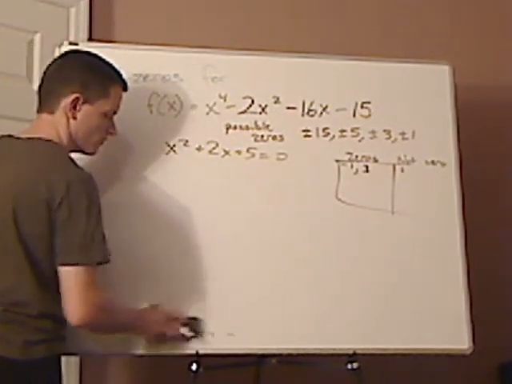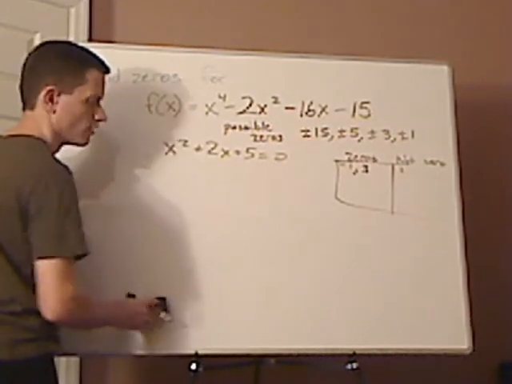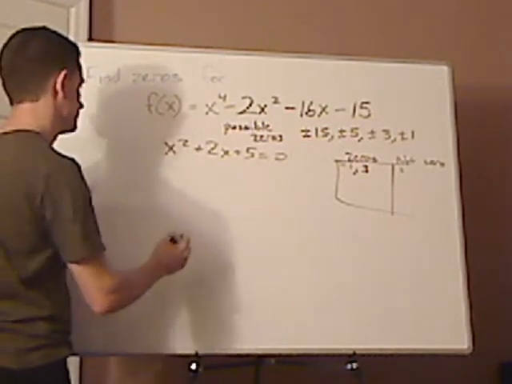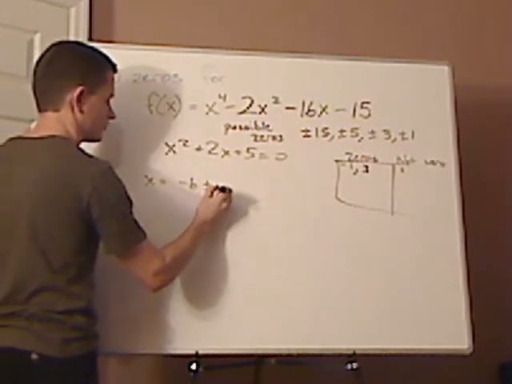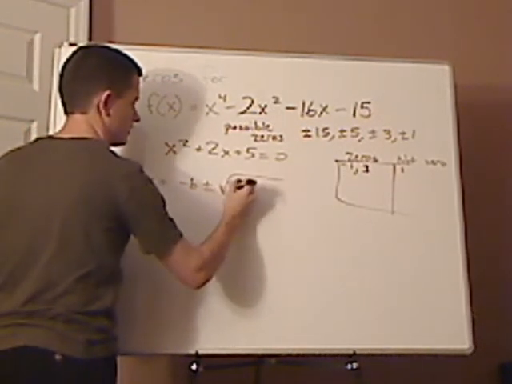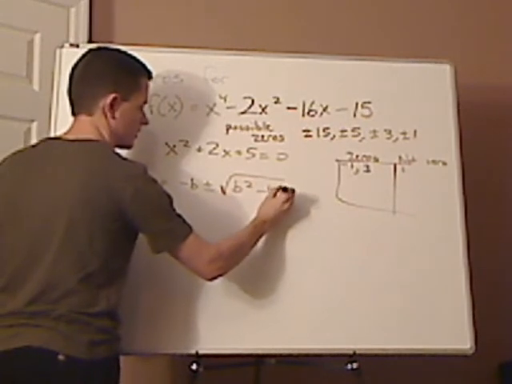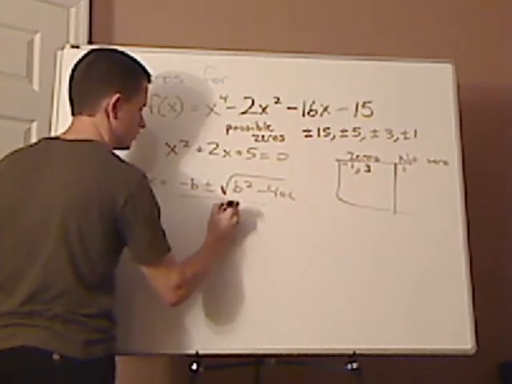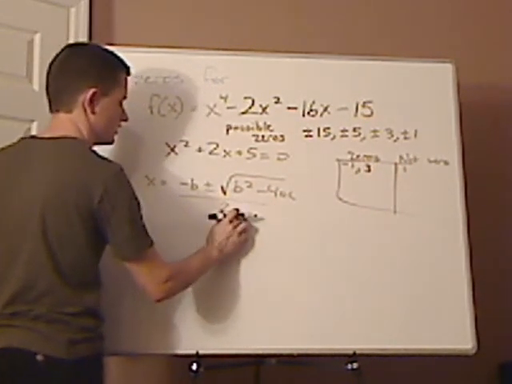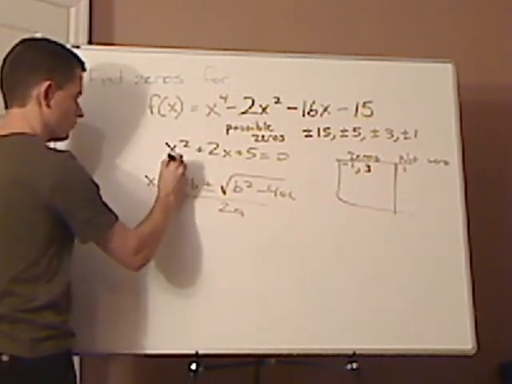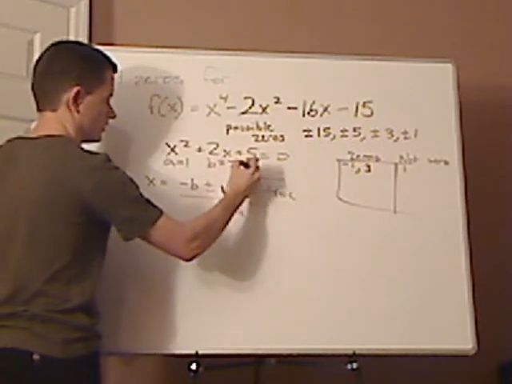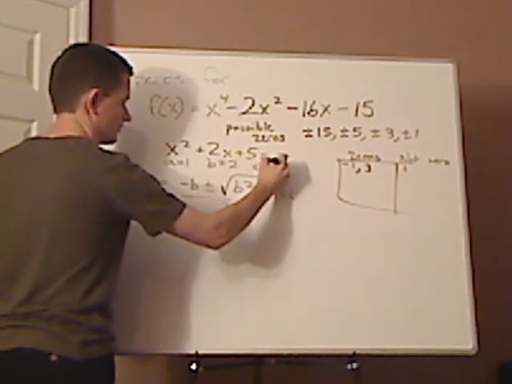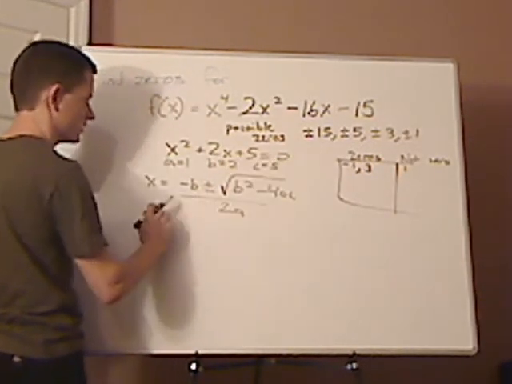That's going to give me my remaining zeros, and so I'll use the quadratic formula, which is x equals negative b plus or minus the square root of b squared minus 4ac, all over 2a. So your a is 1, your b is 2, and your c is 5. So plug all those in.